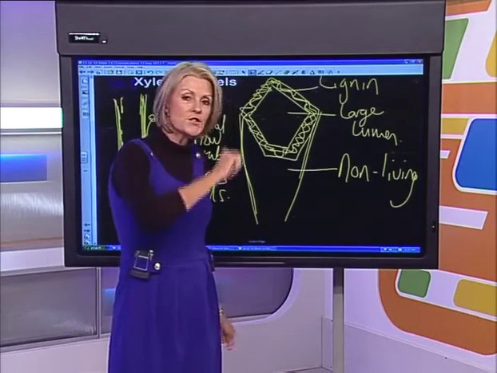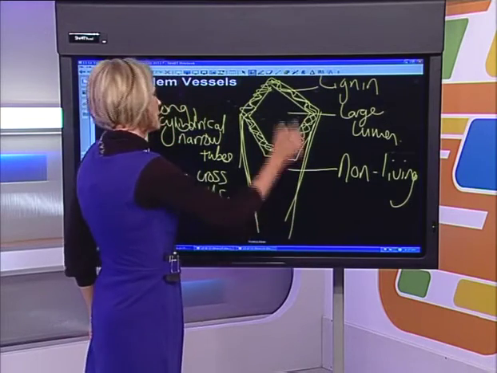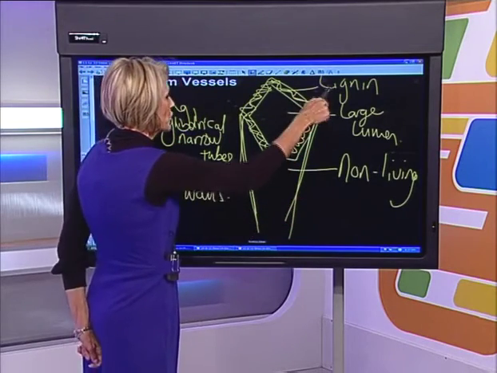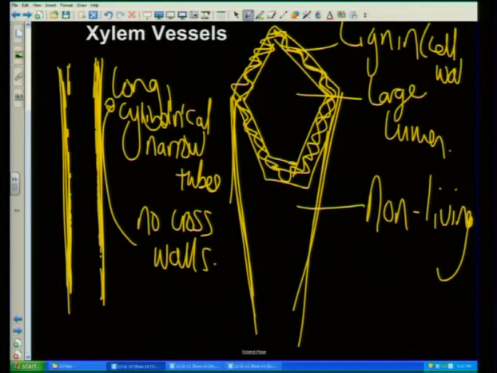And then the last structure versus function is that these long, narrow, non-living tubes with a large lumen and cell walls that are thickened with lignin, all right? These things, the xylem vessels, also have holes. Why?